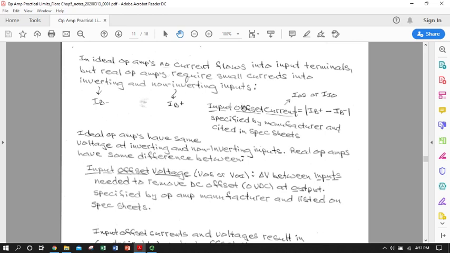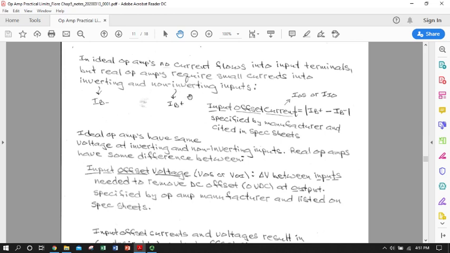So, input offset current. Back in the lab we found that these were the different currents being drawn by the different sides of the diff amp, and we can assume that one of them, listed as IB negative, that's IB inverting, is flowing into the inverting terminal, and IB plus, IB non-inverting, is flowing into the non-inverting terminal.